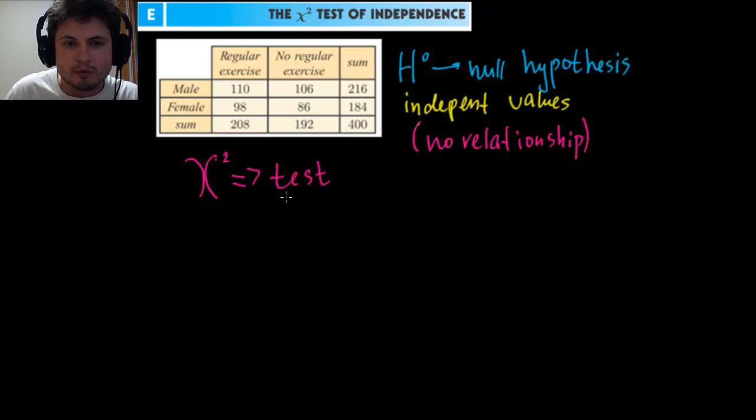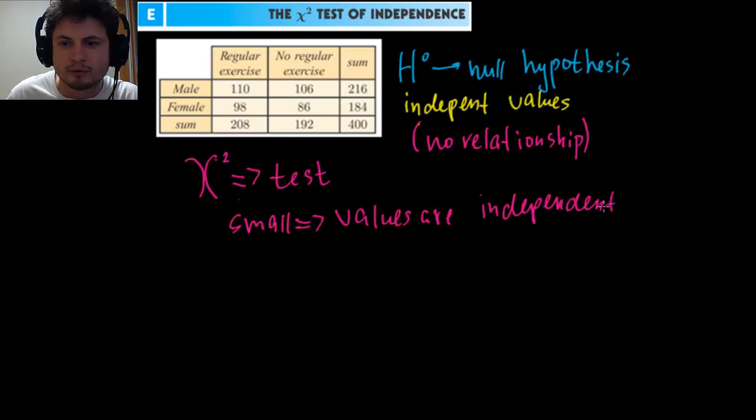So the way it works is, once you find this magical number, and I'll show you how to find it so it's not magical anymore, but once you actually find it, if it's very small, or relatively small, and there's actually a specific value we'll be looking for, but if chi-square is small, it means that the values are independent, or in other words, that H0, our null hypothesis, is true. So there's no relationship between gender and exercise.